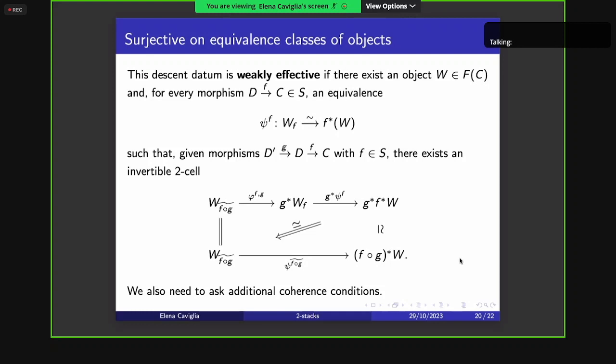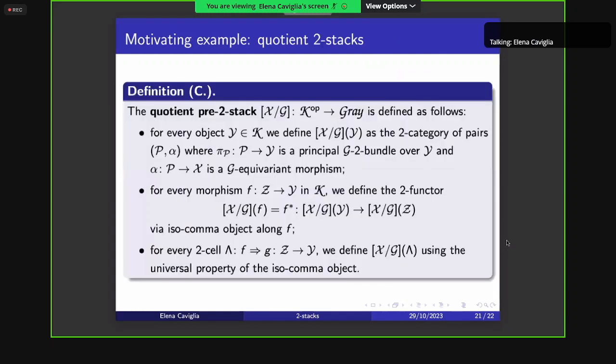And so we have found all the explicit conditions that we can ask to have a two-stack. These are much easier to check in practice than the implicit definition. I want to conclude the talk by saying why I care about this notion of two-stack and why I introduced it.